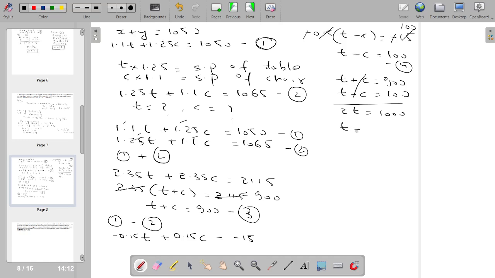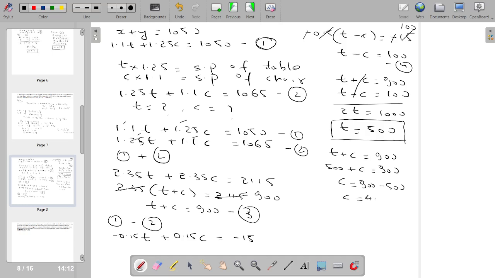So T is equal to 500, which is the cost price of the table. Now substitute this in these equations. Maybe from T plus C is equal to 900, we know. Substitute T here, 500 plus C is equal to 900. C is equal to 900 minus 500. So C is equal to 400 rupees.